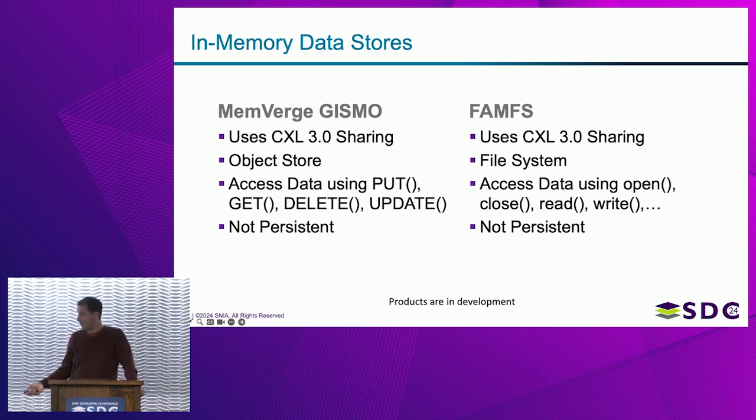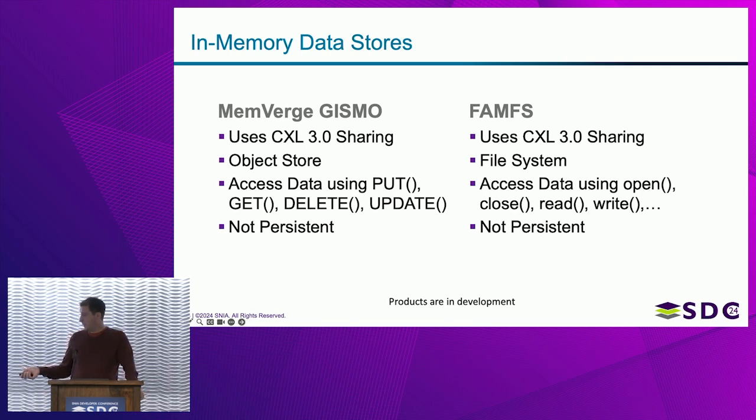Very much like your appliances that are hooked up to all different servers, I can do the same thing with a memory appliance that's connected through a switch to many different servers. Our Gizmo here is using that CXL 3.0 sharing capability of the appliance switch. We're an object store, so if your application is object-based, Gizmo is the preferred choice.